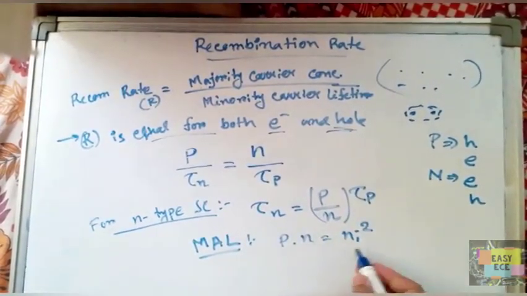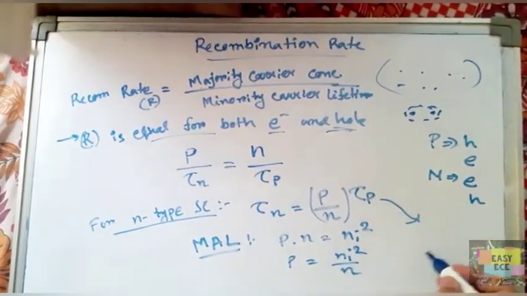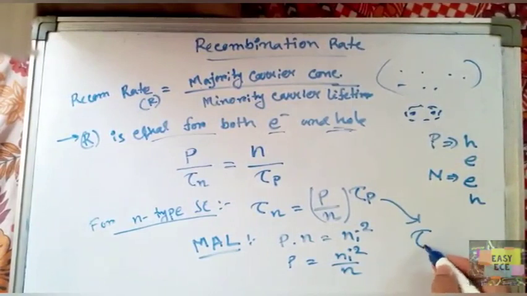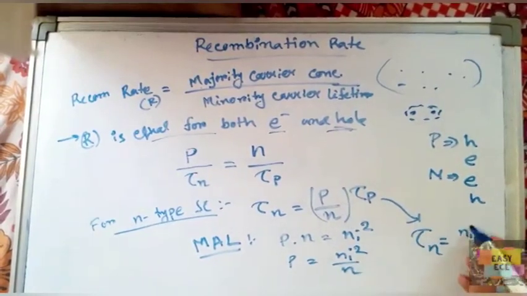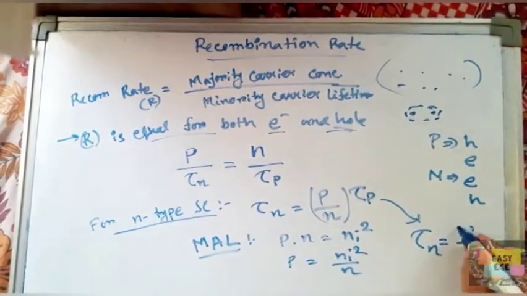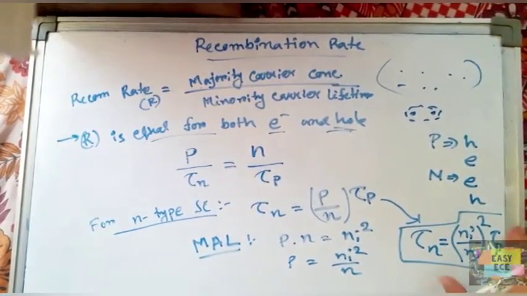So obviously p is Ni square by n. So the equation becomes: carrier lifetime of electron equals Ni square by n into n, that is, Ni by n, the whole square, into tau p. This is the most important equation, the relation between tau n, the electron lifetime, and the hole lifetime, tau n by tau p equals Ni square by n, the whole square.